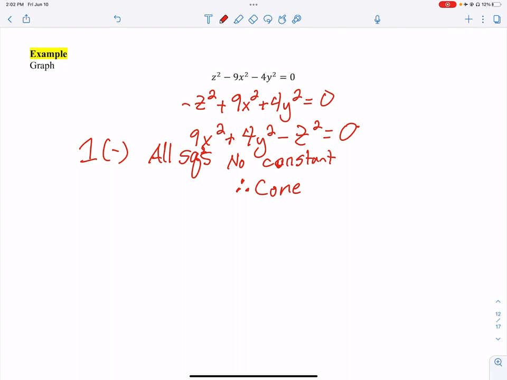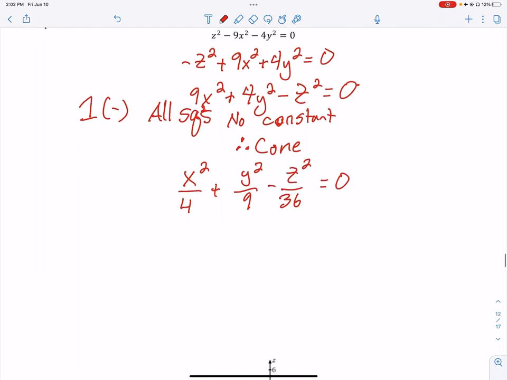We have 9, 4, and 1. That would be 36. I'm going to divide everything by 36.